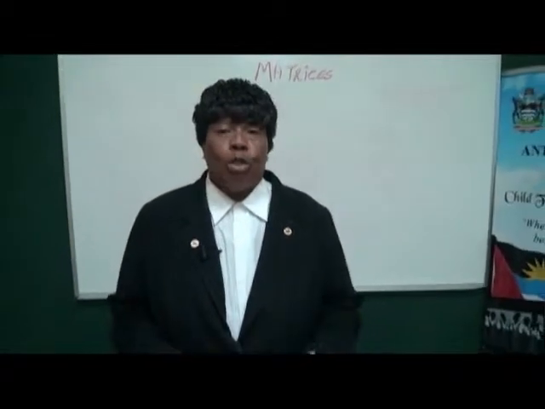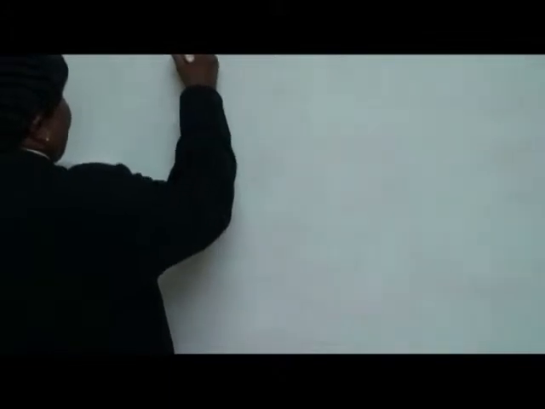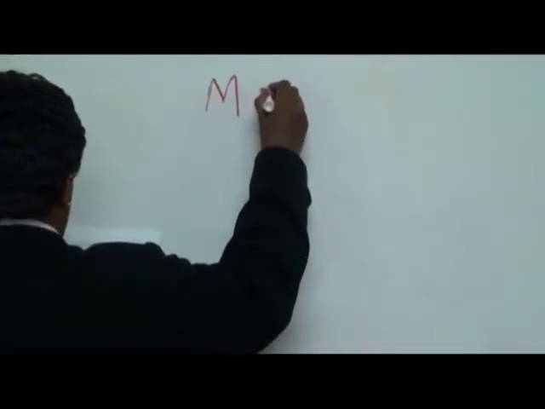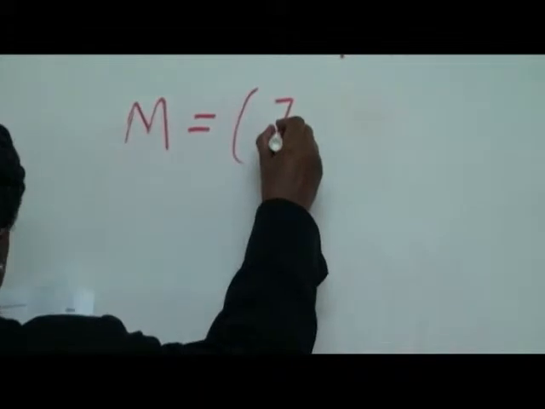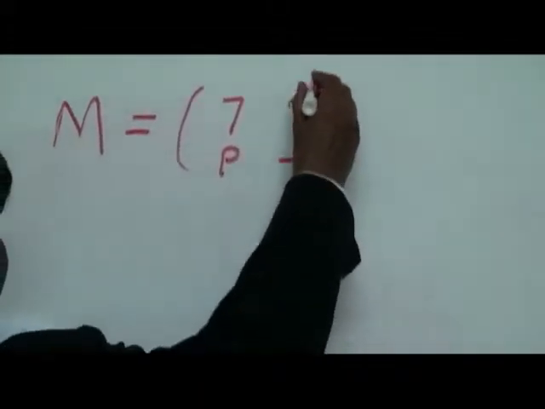Okay? So here we are, and we're using the CXC examination paper. I'm starting from the examination paper 2014, so that was just the one from last year. The question, matrices, says the matrix M is defined as M equals 7, 3, P, negative 1.